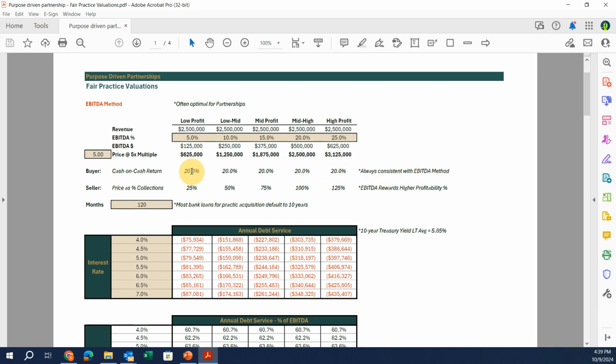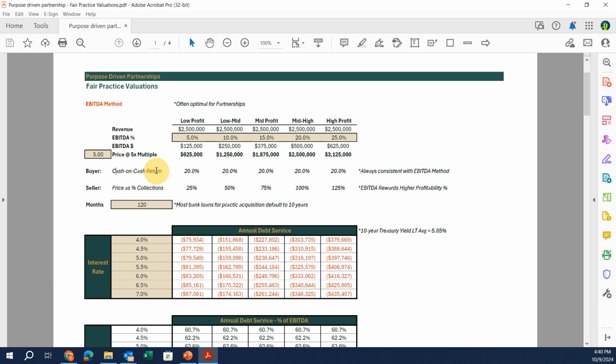So notice that 20% is the inverse of 5, 1 divided by 5, right? So the seller enjoys a 5 times multiple, and the buyer enjoys a 20% cash-on-cash return. And we're actually going to use the buyer's perspective, maybe a little bit more than the seller's perspective, to feel really good about this price or this mechanism for everybody.